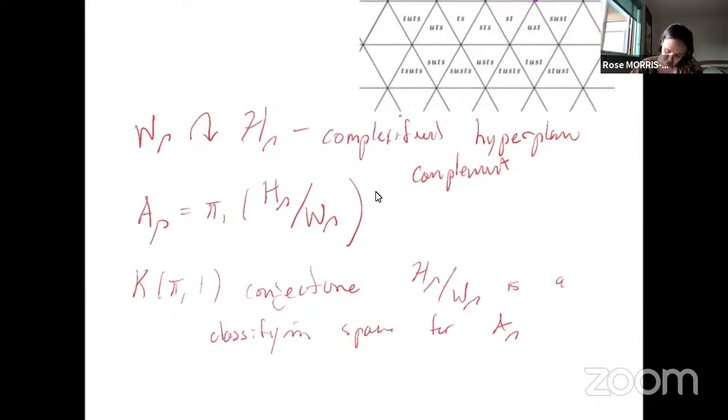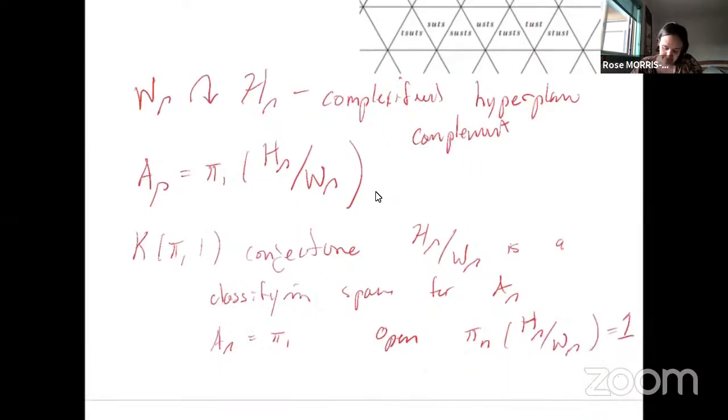In other words, the Artin group is equal to pi 1, which we know is true, and then the open part here is that pi n of this space, the higher homotopy groups, I want these all to be trivial in order for it to be a classifying space.